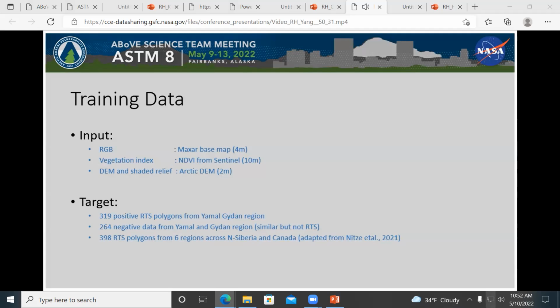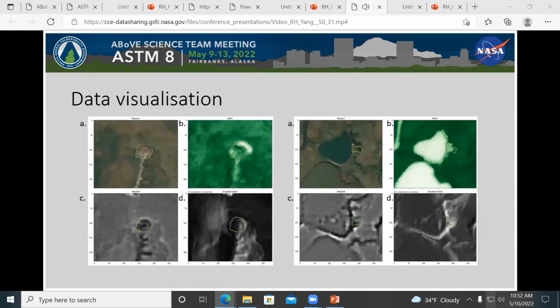We also have 264 negative samples that resemble RTS but actually are not. We also adapted training RTS labels from Nitze et al.'s paper in 2021 from a wider region in northern Siberia and also Canada to make a more generalized dataset. So this is what the training data looks like.